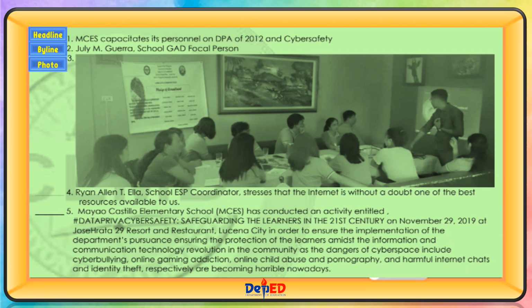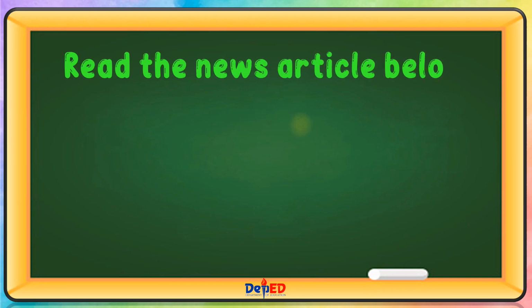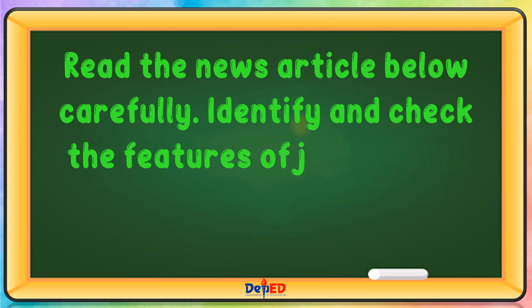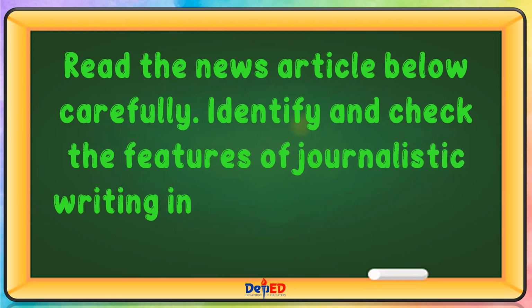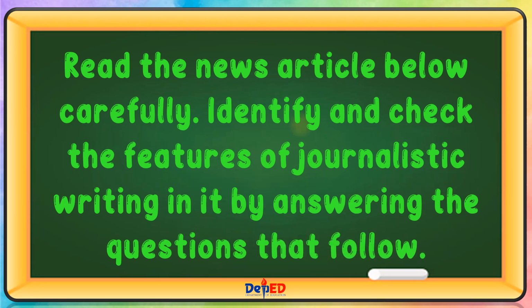Number 4 is caption. And number 5 is the column. Let's do this. Read the news article below. Carefully identify and check the features of journalistic writing in it by answering the questions that follow.